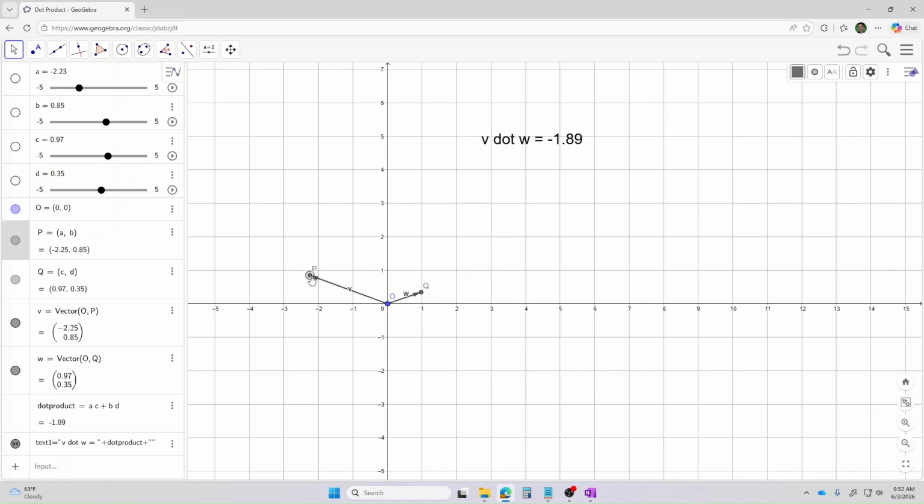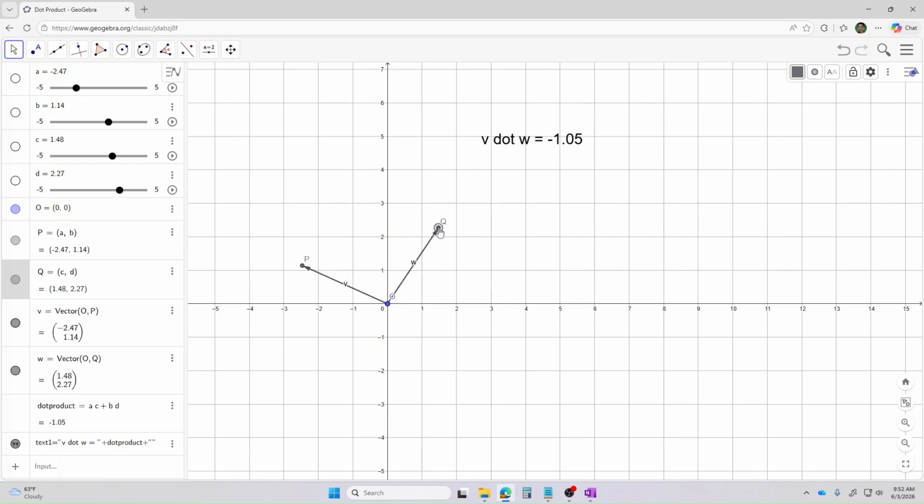Similarly for v, if I make the vector v long, then the value of the dot product grows in magnitude. If I make the vector v short, then the dot product shrinks in magnitude. So we can see that the value of the dot product is going to be affected by the length of v and the length of w. It's going to be affected by that, and it's also going to be affected by the angle between the vectors.